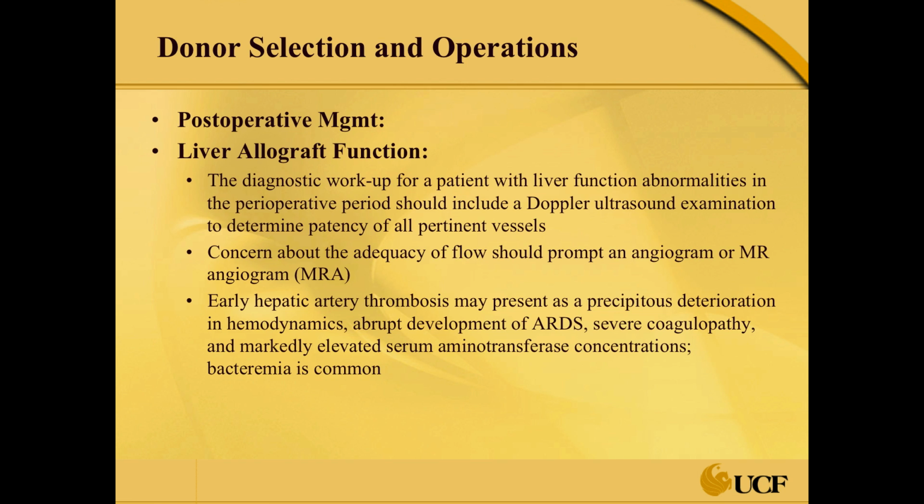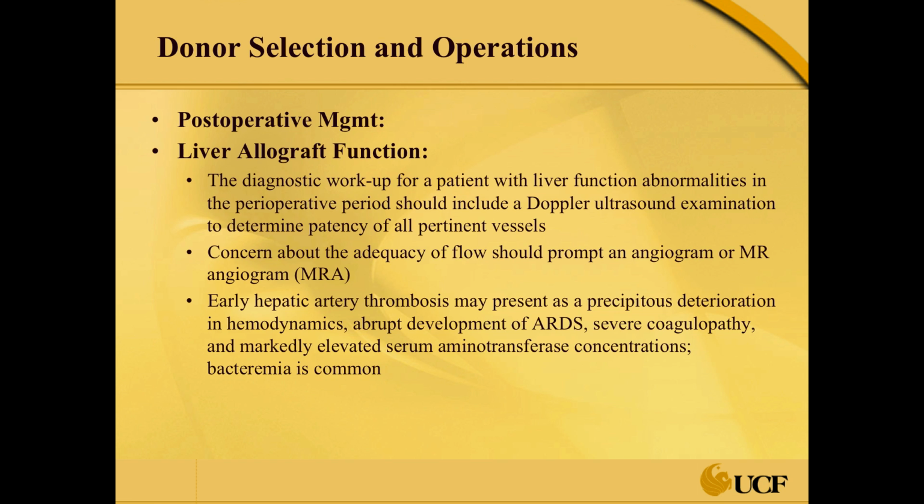If we don't have good flow through the liver, obviously it's going to put the patient in liver shock. They're going to have transaminitis, and that has to be corrected before anything else can move forward. If we do have concern from that basic Doppler ultrasound that there are patency issues, then the patient is going to go for an angiogram or an MRA.